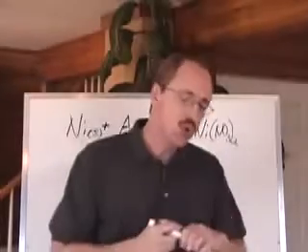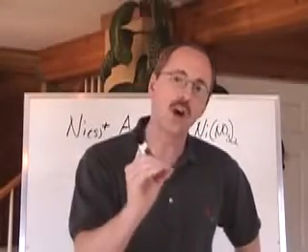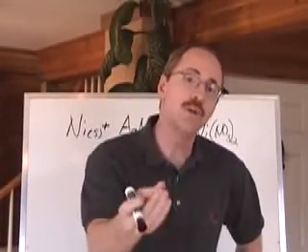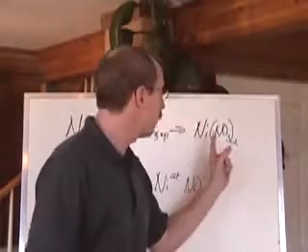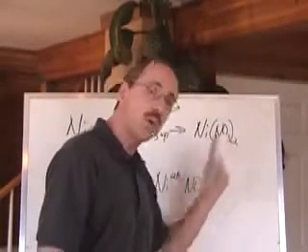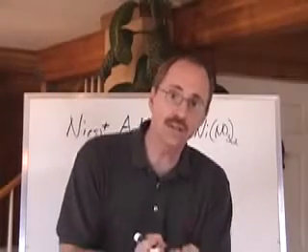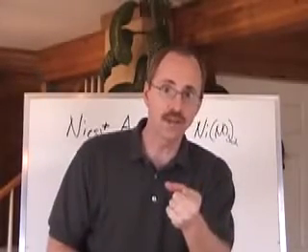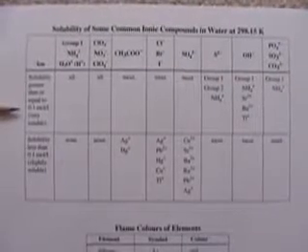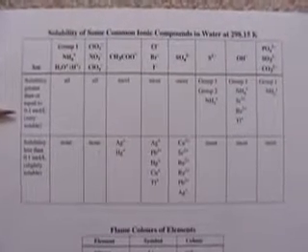Now, you need to check a chart called the solubility chart to be able to determine whether or not this is aqueous or whether it comes out as a solid precipitate. Here's what that chart looks like. Now, how do you work this?